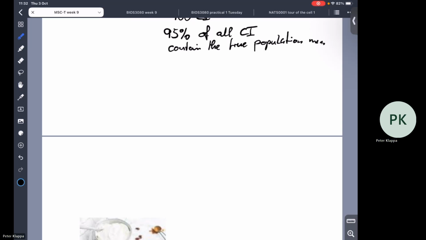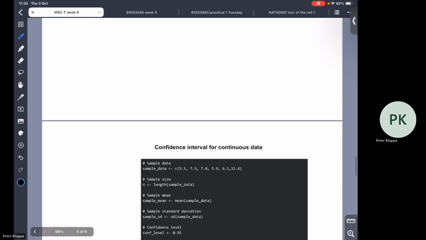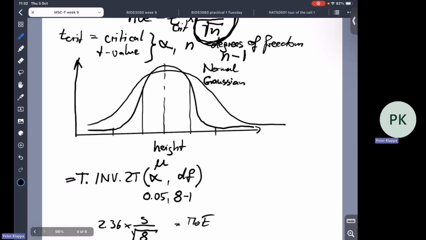But the big but is you can only use this calculation if your population shows something like a normal distribution. If your population does not show a normal distribution, hands off. You can't calculate the confidence interval for a population that is not normally distributed, at least not with this calculation.